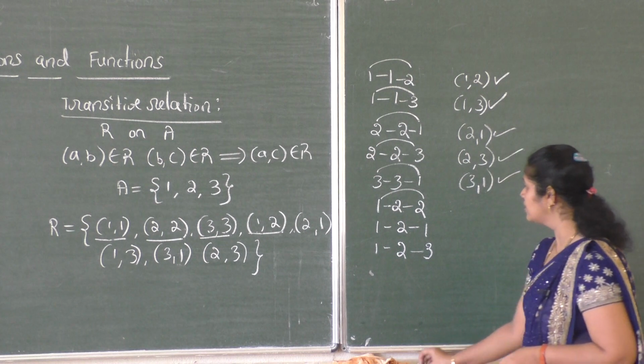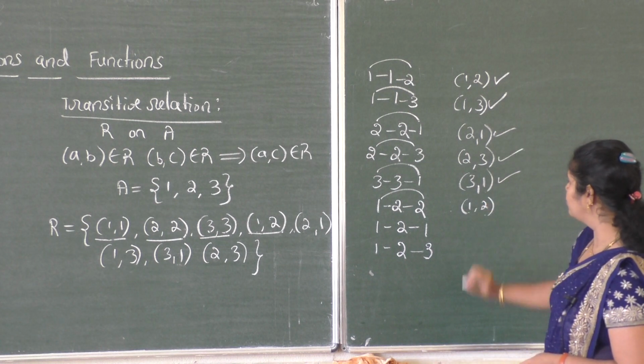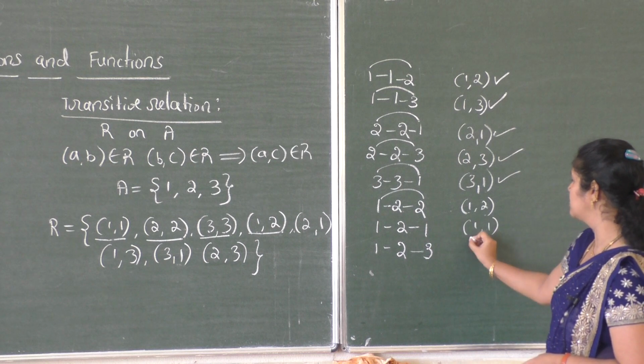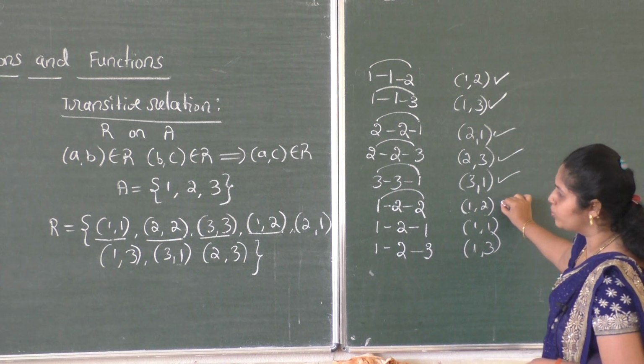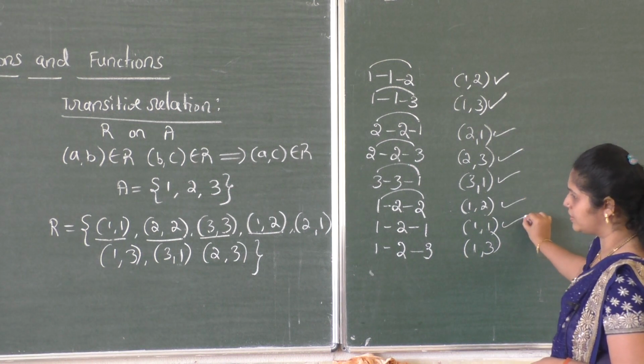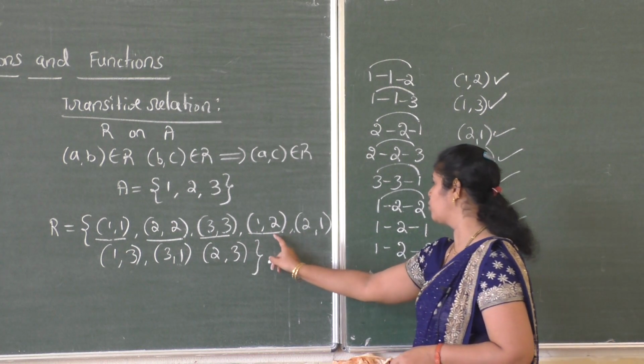So we have ordered pairs (1,2), (1,1), and here (1,3). So (1,2) belongs to R, (1,1) is there, and (1,3) is there. So that is about (1,2).